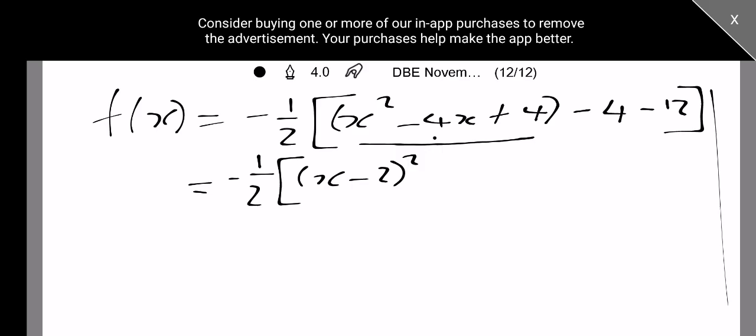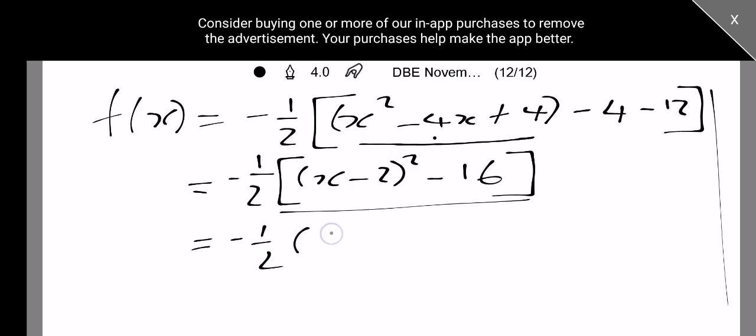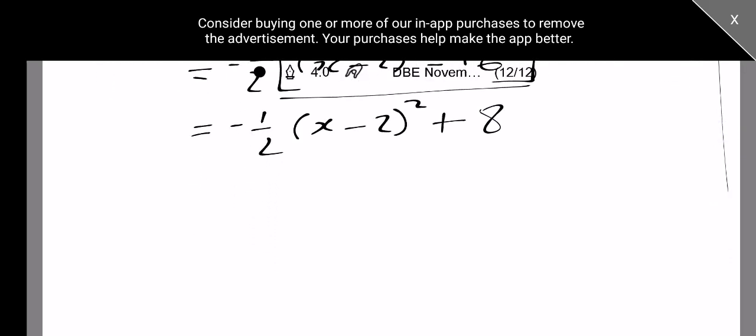Then -4 minus 12 gives you minus 16. Now let's remove this bracket, multiply throughout by -half: x minus 2 squared, then negative half times negative 16 gives you positive 8. Now we've got our equation in vertex form.